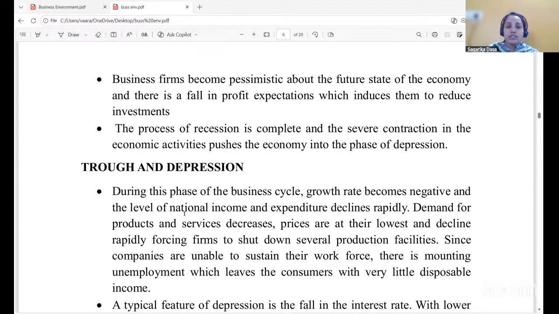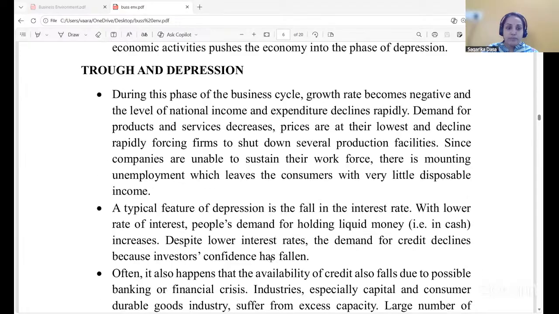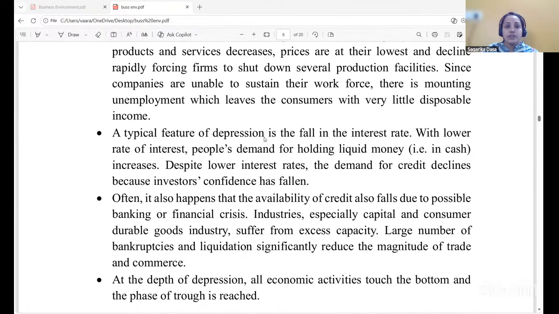It is the closing stage or the shutdown stage of the business where the unemployment levels will be very high and the consumers will be left with a little amount to spend on purchases. A typical feature of depression is a fall in the interest rate. With a lower rate of interest, people demand holding liquid money, that is cash. People tend to have more cash in their hand.